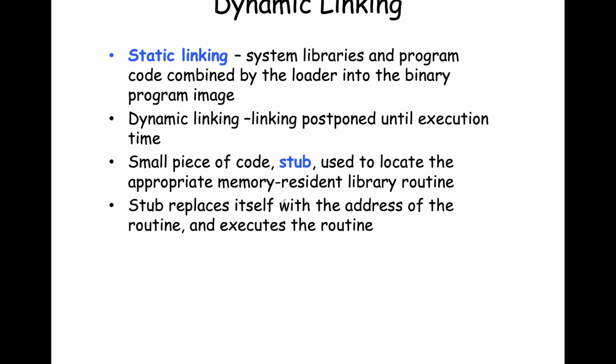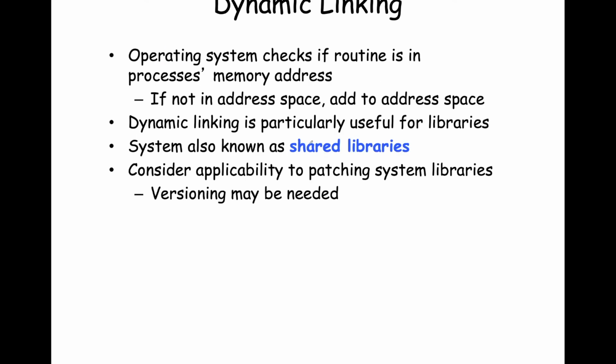And so this saves you from having all parts of your system libraries loaded into memory, which can be very large, and you only load them when you need to actually use them. And so the operating system then checks if the routine is in the process's memory space. If it's not in the address space, it adds it to the address space.